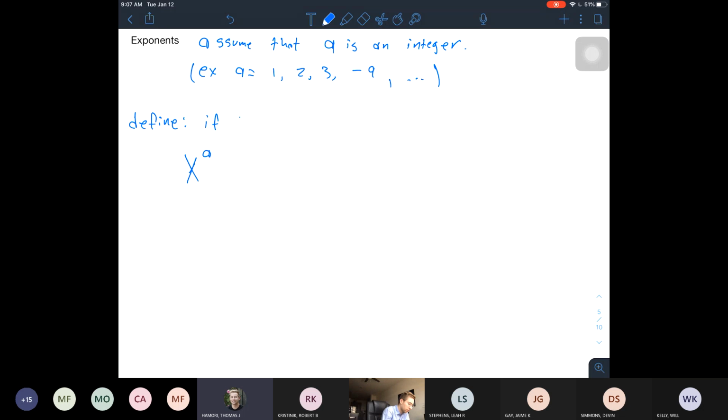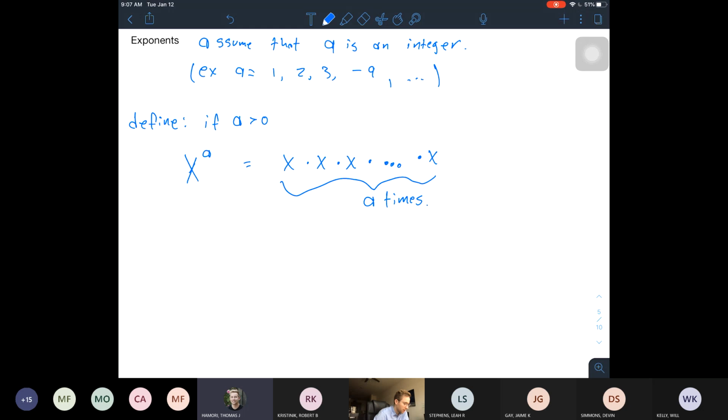Let me hedge my bets first by saying if a is larger than 0, then x to the a is equal to x times x times x times dot dot dot times x, where we multiply x times itself a times, where a, remember, is an integer larger than 0 for the time being.